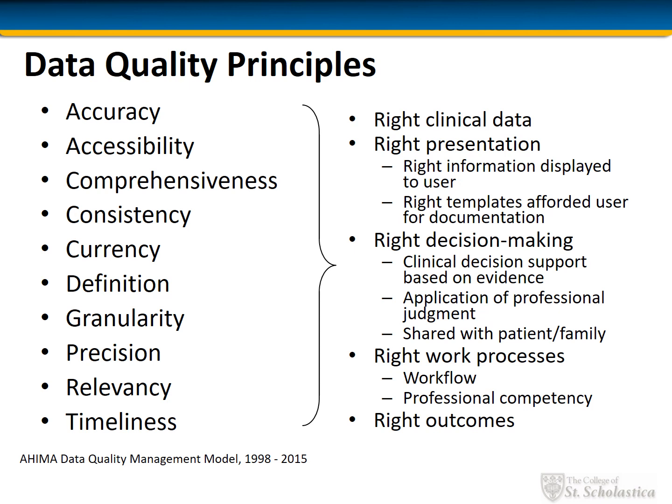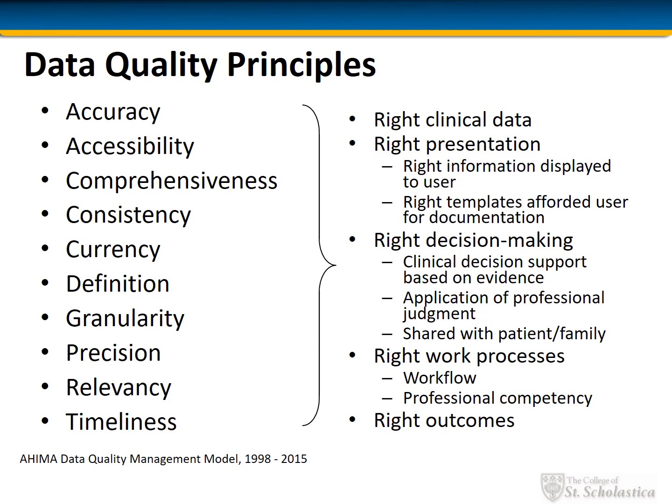Essentially, the quality of the data must support the EHR 5 rights of having the right clinical data, achieved through the right presentation, perhaps in templates to capture data and displays that provide information, in support of right decision making provided within the context of the right work processes in order to produce the right results.